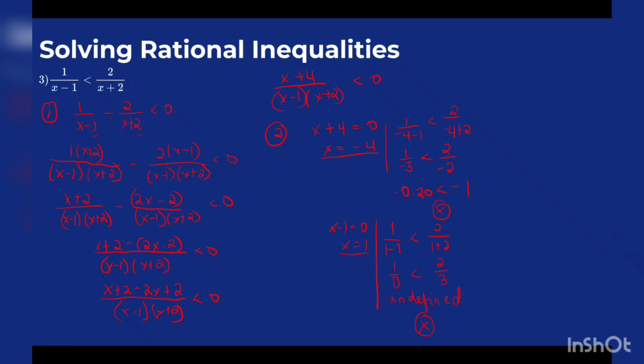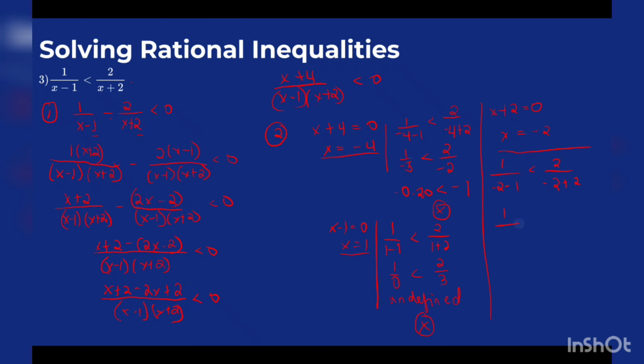And then for the third critical value, we have x plus 2 is equal to 0. So this is x equal to -2. So testing that, we'll have 1 over -2 minus 1 is less than 2 over -2 plus 2.